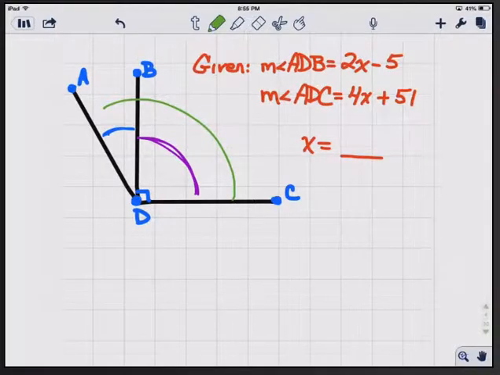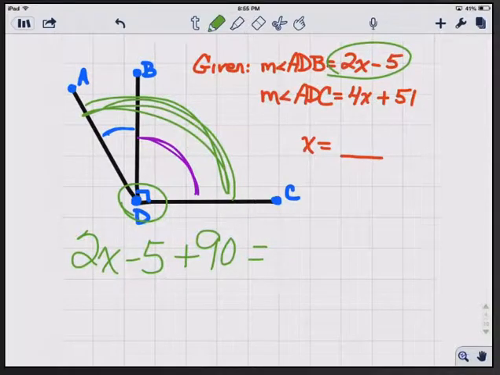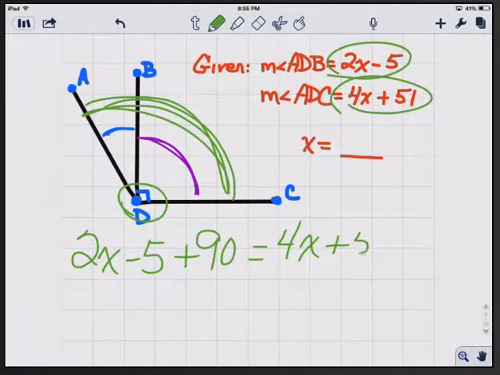So measure of angle ADB, which is given 2x minus 5, added with angle BDC, which is 90 degrees, given by the symbol for perpendicular lines, should equal angle ADC, this angle altogether, which is given as equaling 4x plus 51.